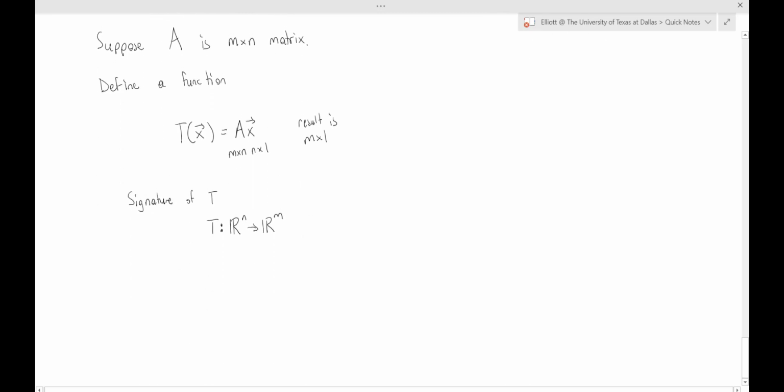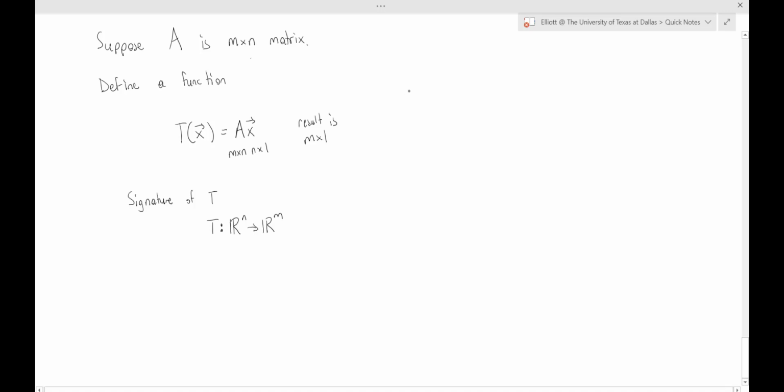So every m by n matrix gives us this function with signature from Rn to Rm. So I like to remember this just by remembering that it's flipped. If A is size m by n, T is Rn to Rm. Okay?